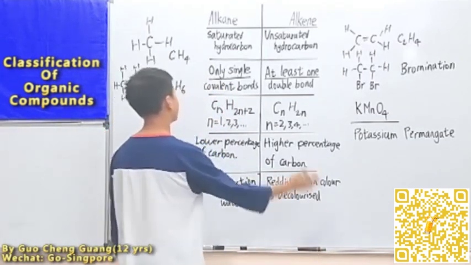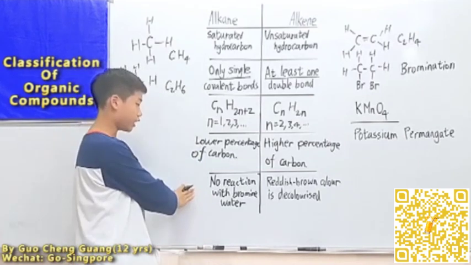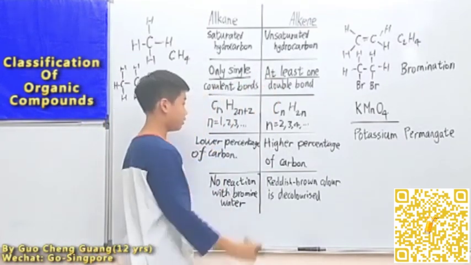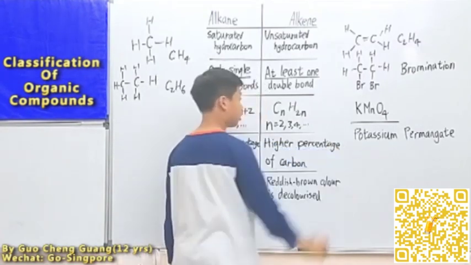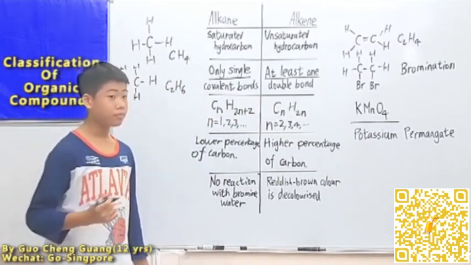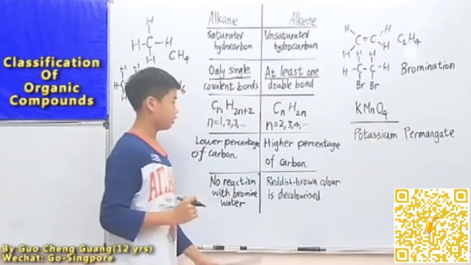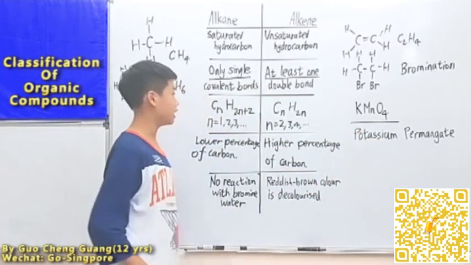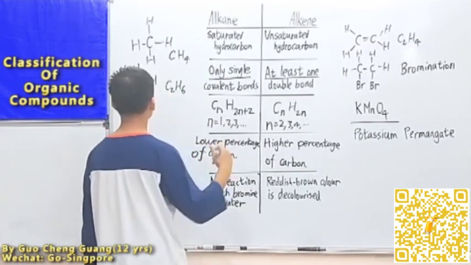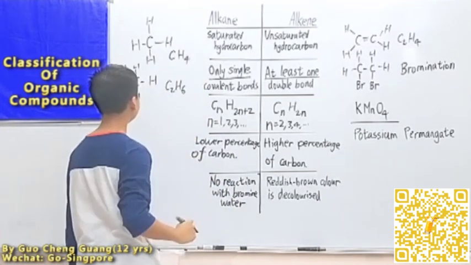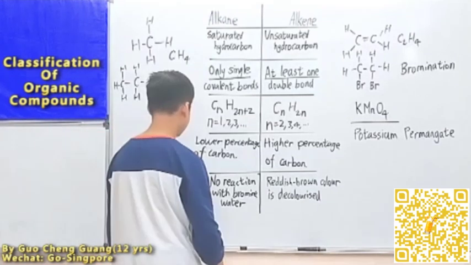If you put it with alkane, nothing will happen. It's still no reaction. But if you put it with alkene, the purple color of this potassium permanganate will be gone. But this kind we will not study right now. We might study it in future lessons. Alright. Then we also have other types of reactions. For example, with alkane, most of the time the reaction is substitution reactions.